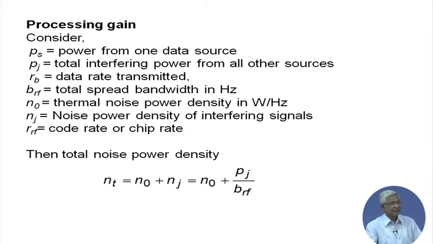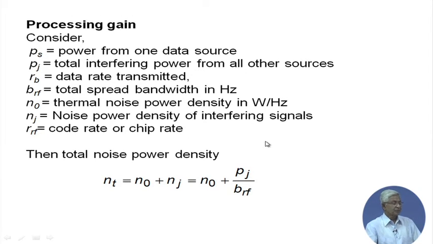So, at different frequencies power will go and it will switch at the code rate or chip rate. That is frequency hopping, and in case of direct sequence the sequence is going as I explained.